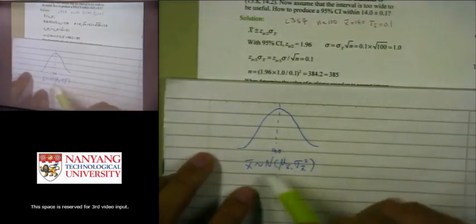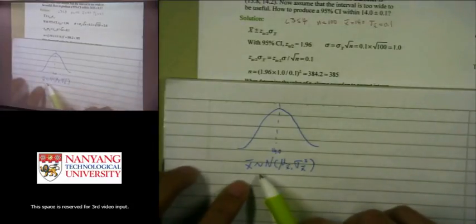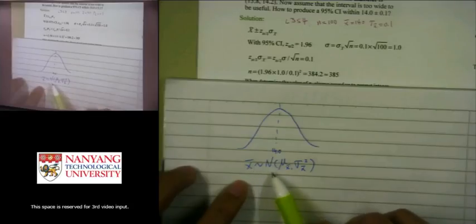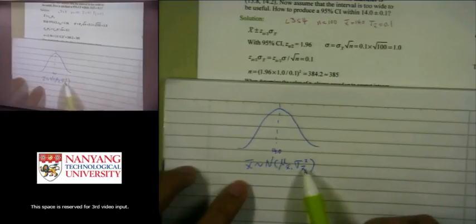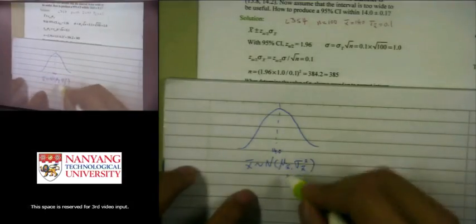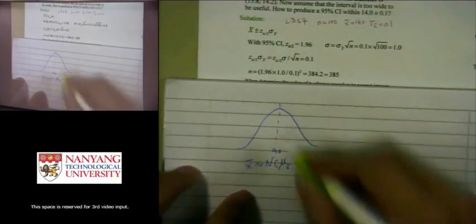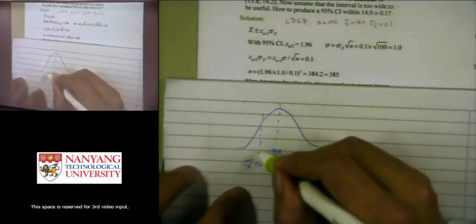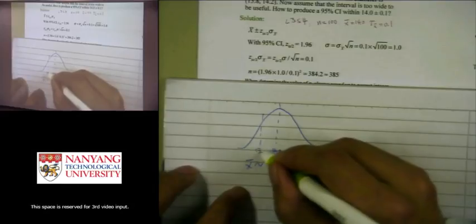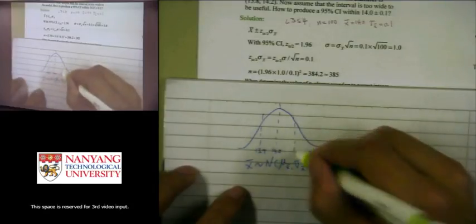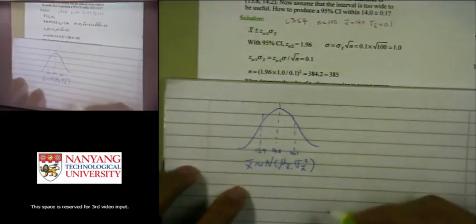So this is the population. This is the normal distribution for x bar, and we know x bar satisfies a normal distribution with the average mu x and the variance sigma x bar squared, right? And then we know mu x bar is 14, and this part is 13.9. This part is 14.1.